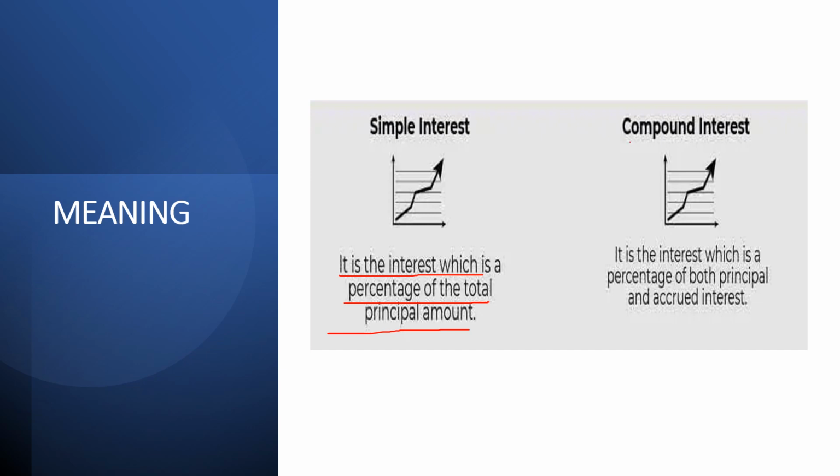While in your compound interest, it is the interest which is a percentage of both principal and accrued interest. For example, if there are 2 years of payment, whatever your future value or maturity value in your first year of payment will be your principal in your second year of payment. That's why we define compound interest as interest on interest.